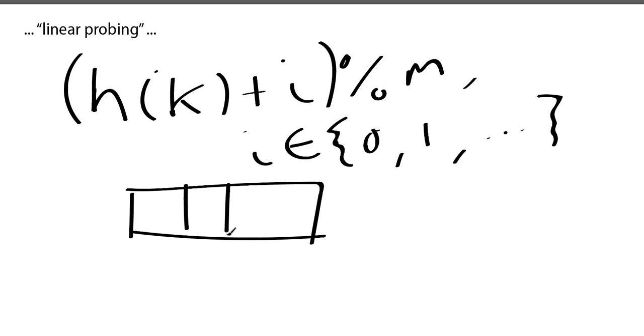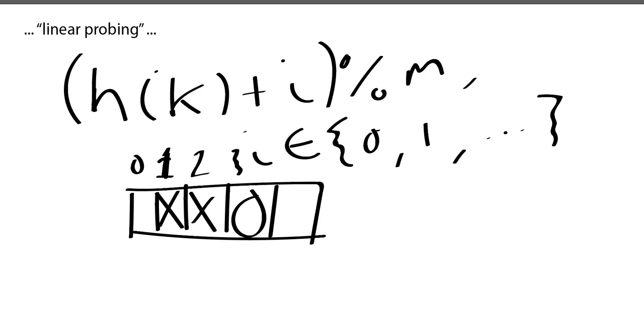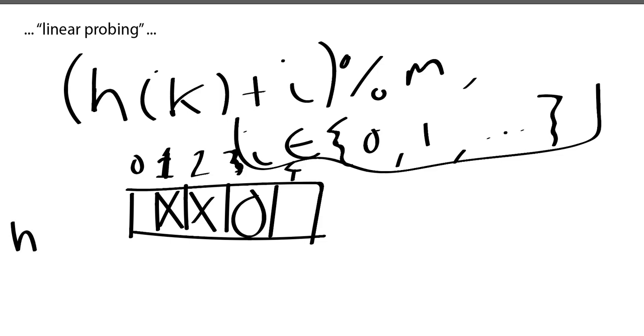What do we actually mean by linear probing? Well, say we have this hash table, and this spot is filled, and this spot is filled, but this spot is empty. Then let's say this is index 0, this is index 1, this is index 2, this is index 3, and this is index 4. Okay, so now let's say we do h of hello, and this returns 1.